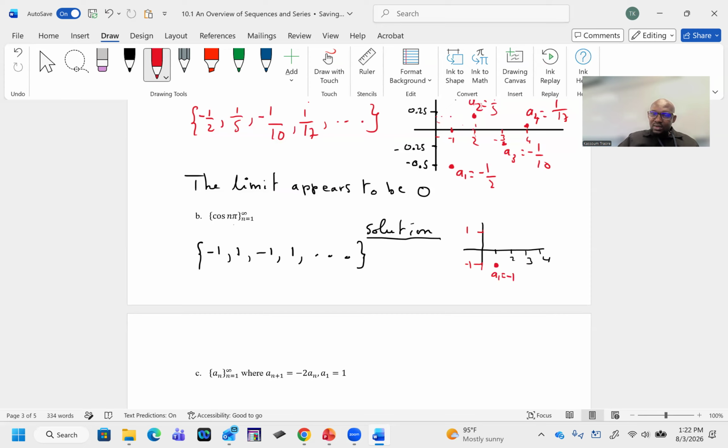We have n is 2, so a sub 2 is 1. N is 3, a sub 3 is negative 1.